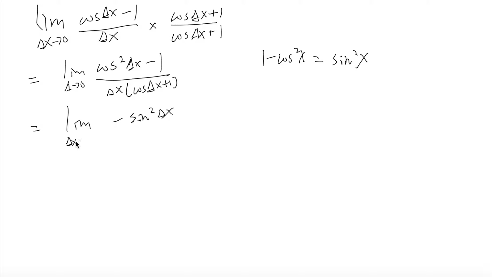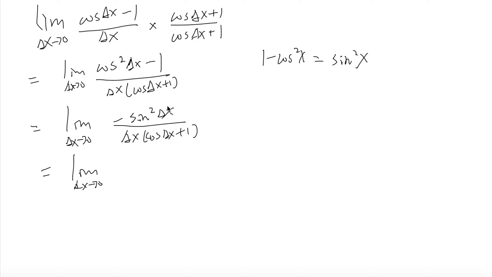Limit delta x tends to 0. I forgot the limit here. Delta x tends to 0, so now over delta x times cosine delta x plus 1. Alright, so now this becomes our problem. And very obviously, limit delta x tends to 0.